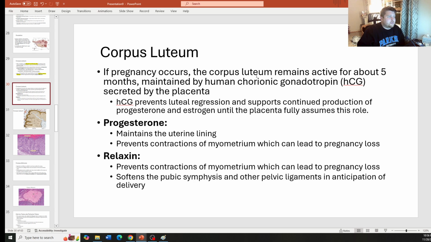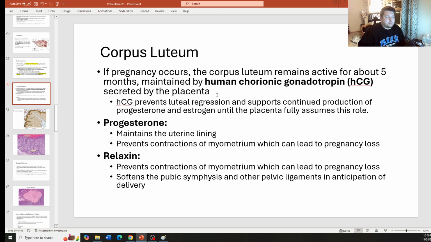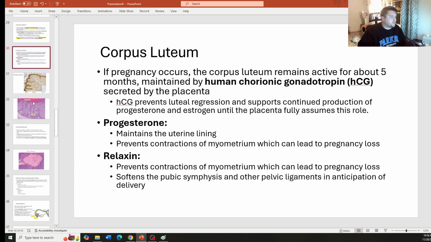However, if we do have pregnancy, so the oocyte, that ovum, gets fertilized and starts to get implanted, the corpus luteum will actually remain active for about 5 months, and it will be maintained by the hormone HCG, human chorionic gonadotropin, that is secreted by the placenta that's created.